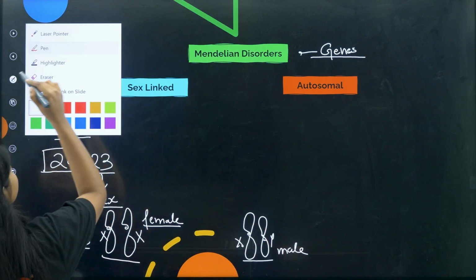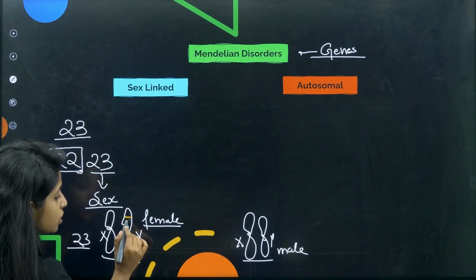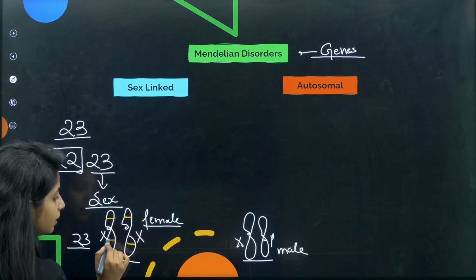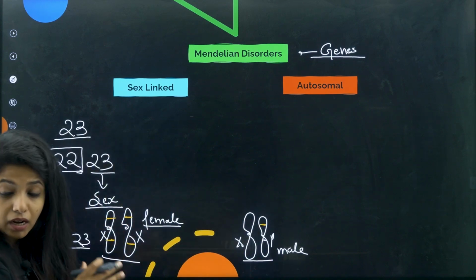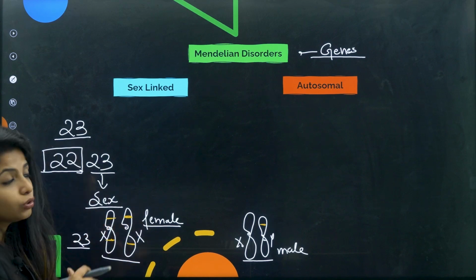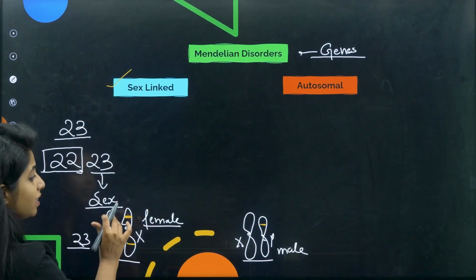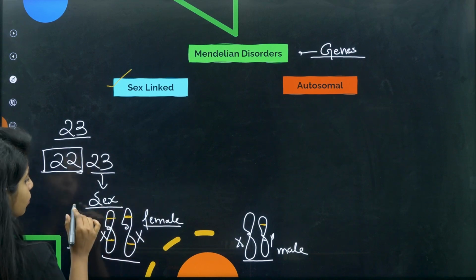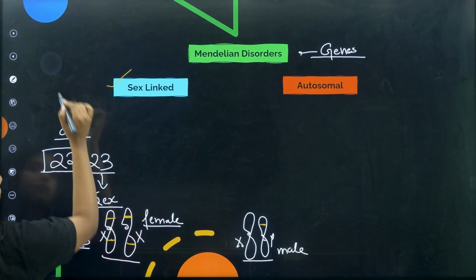Now, what do you mean by sex-linked Mendelian disorders? When there are problems on the genes which are present on the sex chromosomes, you call it sex-linked Mendelian disorders. And what do you call these chromosomes, children?